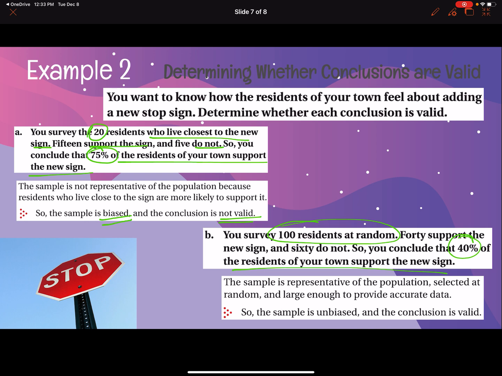Yes, the sample is representative of the population, selected at random, large enough to provide accurate data. So this sample is unbiased, so our conclusion would be valid. If it's biased, it's not valid. If it's unbiased, then we can say it is valid.